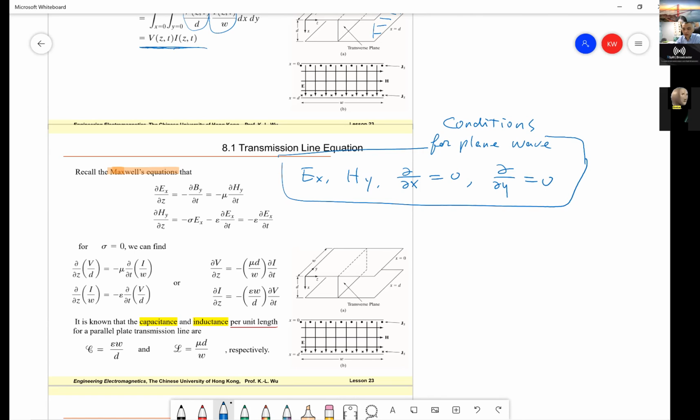Okay, so we don't repeat. Under this condition, from Maxwell equations, we can write this.